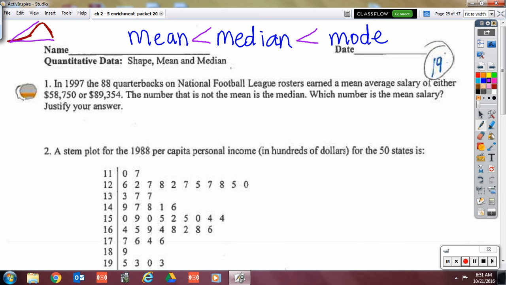So if it's skewed left, we have an inequality that points to the left, and you can see from this that the mean is less than the median, and the median is less than the mode.